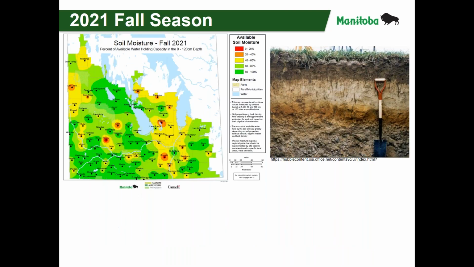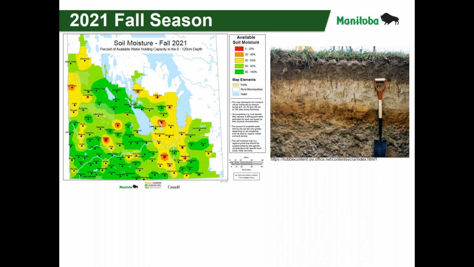However, in terms of this fall soil moisture survey that we did, using the sensors we buried at the locations, and I always put a caveat on this map to mention that soil moisture is highly variable. So this is simply giving a regional snapshot at the specific locations where we monitor.